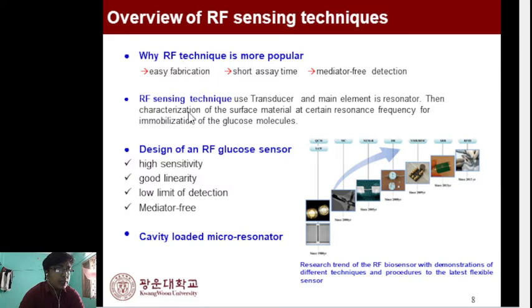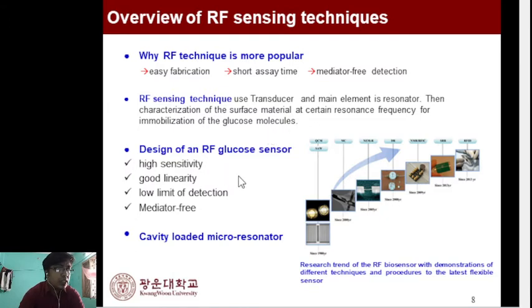Basically the RF sensing technique uses various types of transducers. The main building block of the RF technique is the resonator, and it characterizes the surface through a certain resonance frequency shift on the binding of glucose molecules. Based on this, they are working on it.